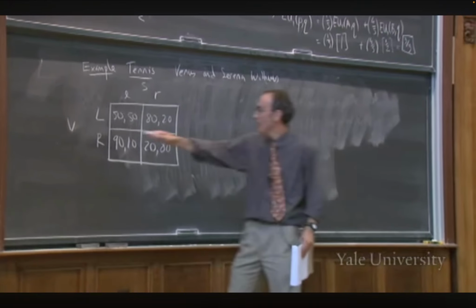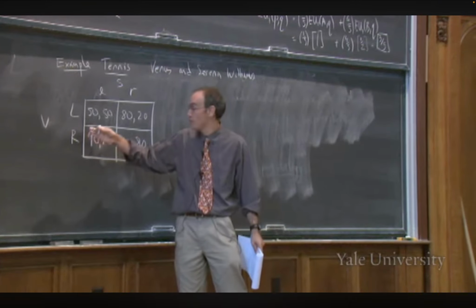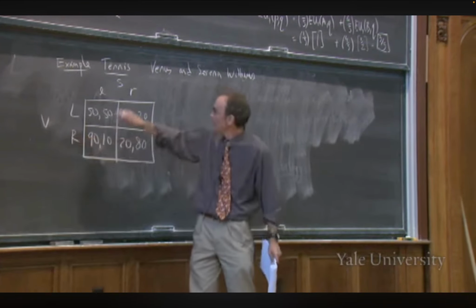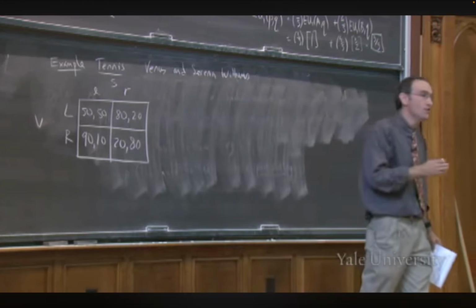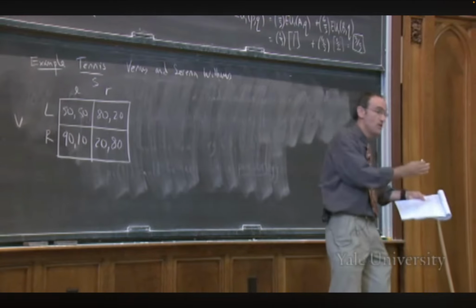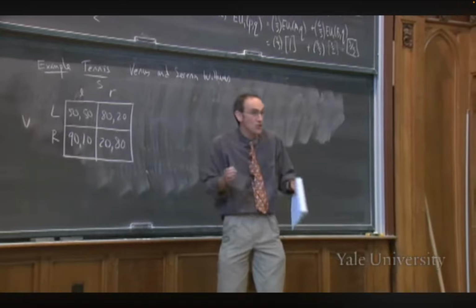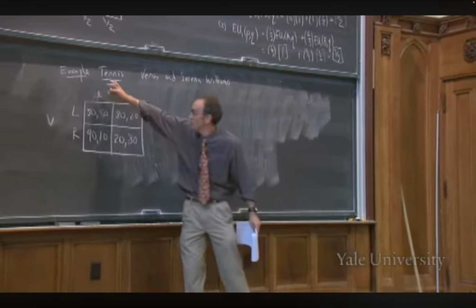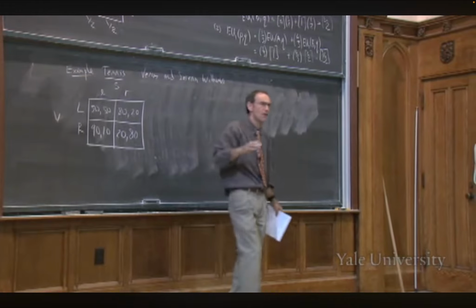And if she hits right, that means she's attempting to pass Serena on Serena's right. And if Serena chooses L, that means she cheats slightly towards her left. Not cheats in the sense of breaking the rules, but cheats in terms of where she's standing or leaning. And if she chooses right, that means she cheats slightly towards her right. So this is cheating towards her backhand, and this is cheating towards her forehand, assuming she's right-handed, which she in fact is.